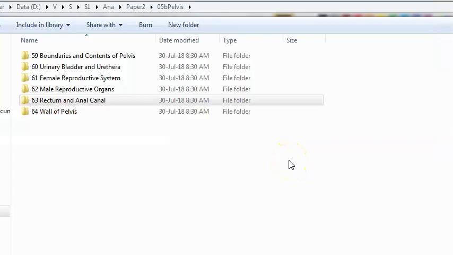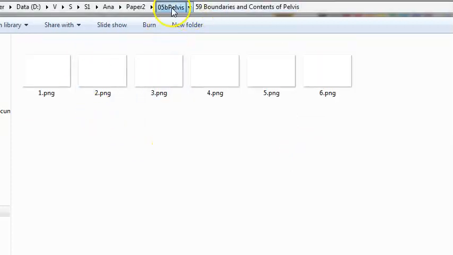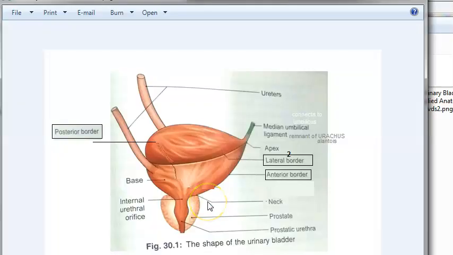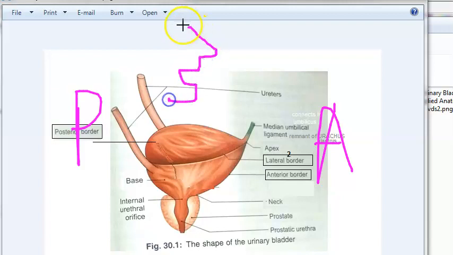Another personal trick is to learn all the right side diagrams only. And whenever you are drawing diagrams, you should know which view you are looking at. For example, when you're drawing a urinary bladder, you should know which side is anterior and which is posterior, and that you're looking at the person standing in a certain way.